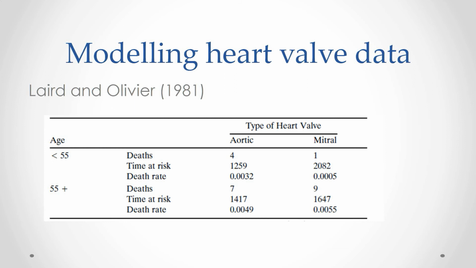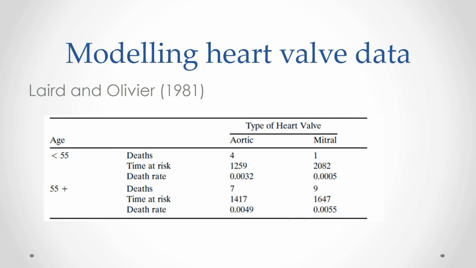Now note that it is not appropriate to analyze the 2 by 2 by 2 table using a binary GLM for the probability of death, because the subjects had different risk times. So it would not, for example, be meaningful to treat a subject who was observed for 3 months only and a subject who was observed for 97 months as identical.